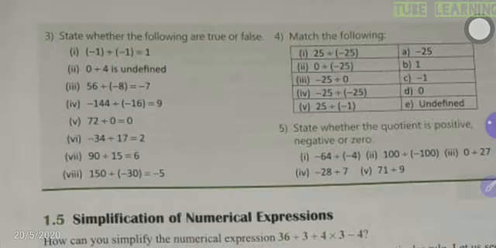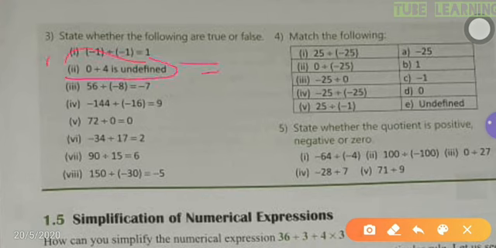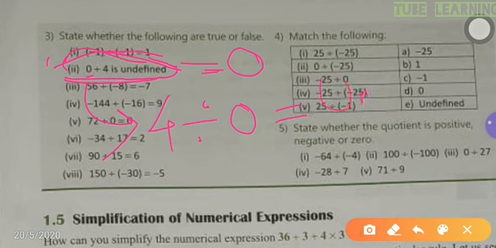Okay, before that, one thing I have said wrong is here. In the second number, you see the opposite is undefined. 0 divided by 4 is always 0, so this is defined, this is 0. But the opposite, 4 divided by 0, is undefined.